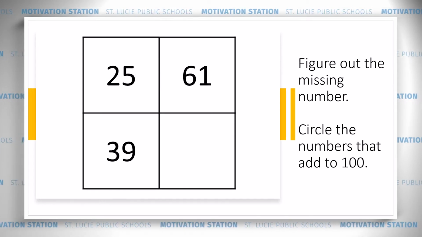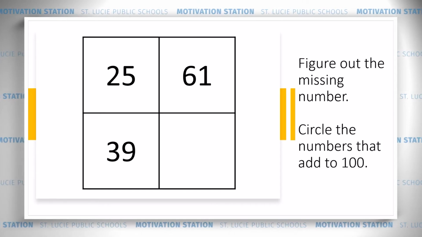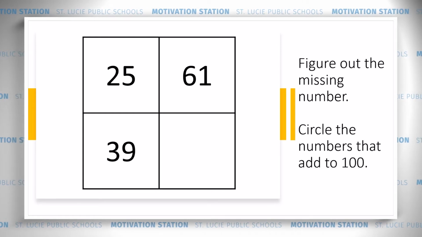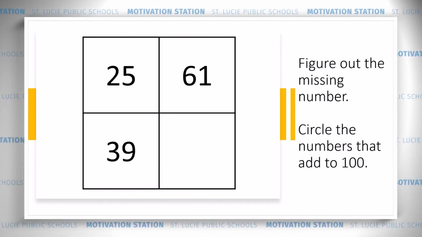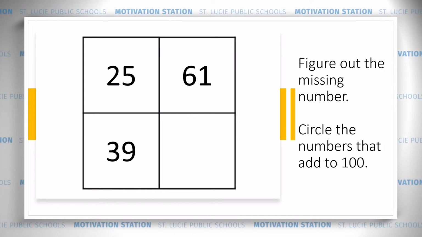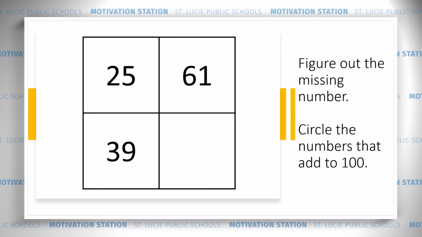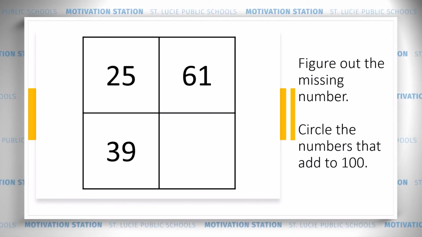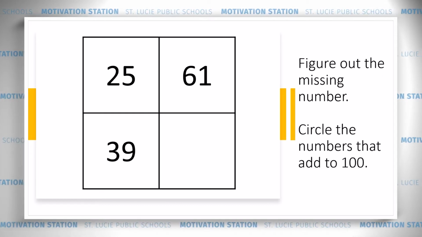Here I have 25, 61, and 39. I need to find my numbers that add to 100. Well, in that last problem, 60 and 40 added to 100. But here I have 61 and 39. Hey, that's that plus 1 minus 1 that we learned. If I add 1 to the 60 to make 61, I should subtract 1 from the 40, which would be 39.